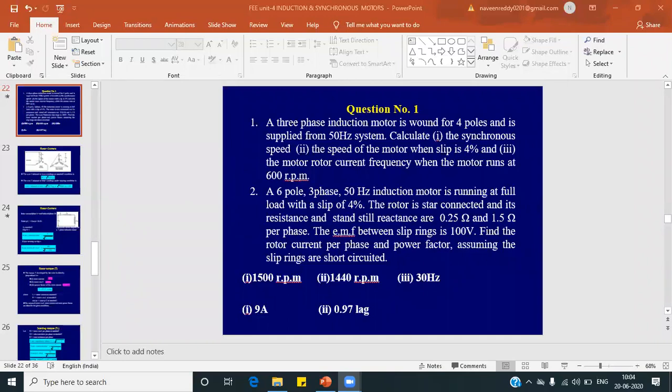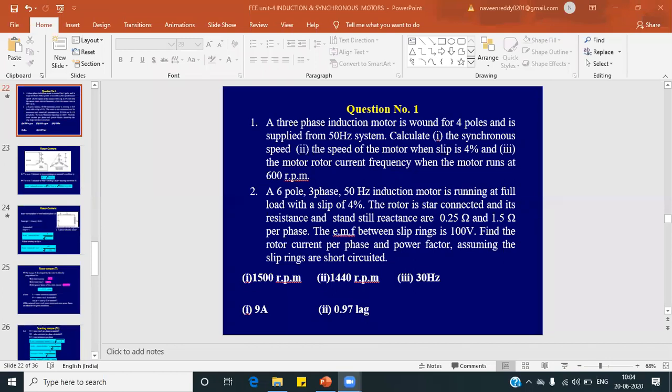That is where NR rotates in the opposite direction to NS. For every motor we have the electrical braking concept, but for first year, that too for EC students, this is not at all necessary. But if you are interested, go and read any book which includes the braking concept.